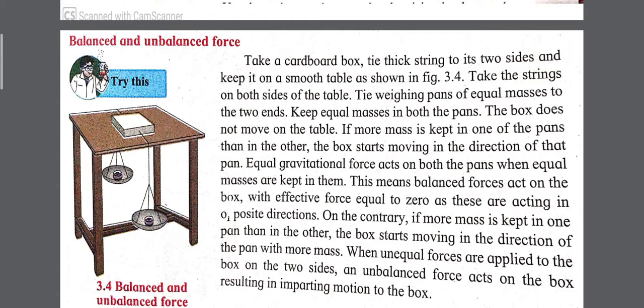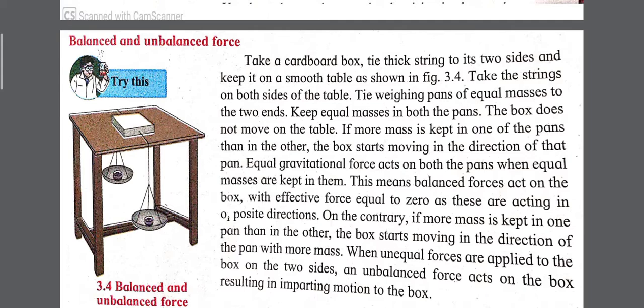The box does not move on the table. Why? Because there is equal weight placed on the pans on each side of the box. But if more mass is kept in one pan than in the other, the box starts moving in the direction of that pan.